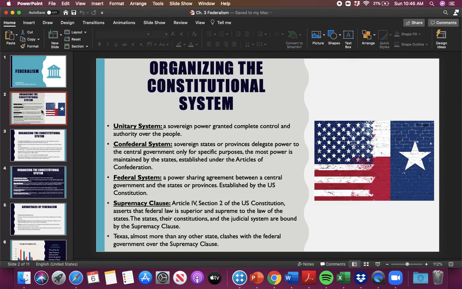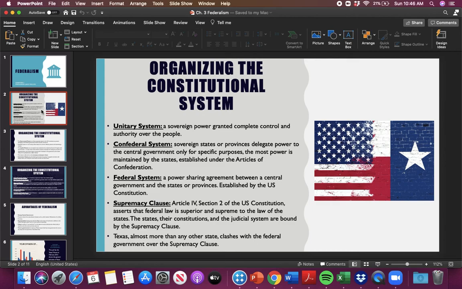But the Supremacy Clause, which is Article 4, Section 2 of the U.S. Constitution, states that federal law is superior and supreme to the law of the states. State constitutions and judicial systems cannot create laws that are not authorized by the United States government. So, a good example here.